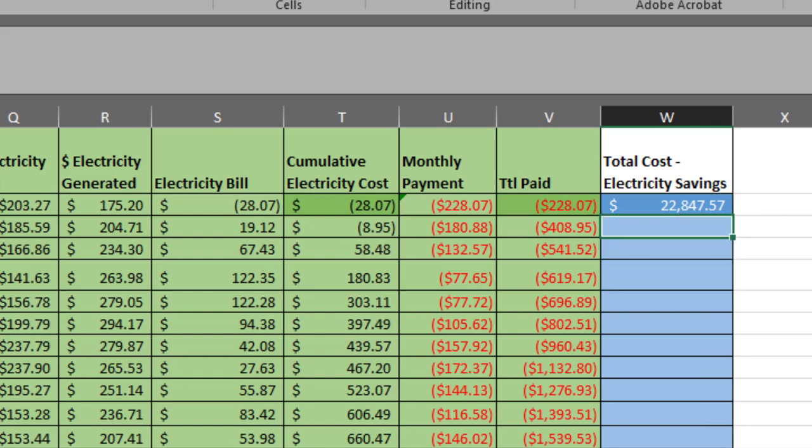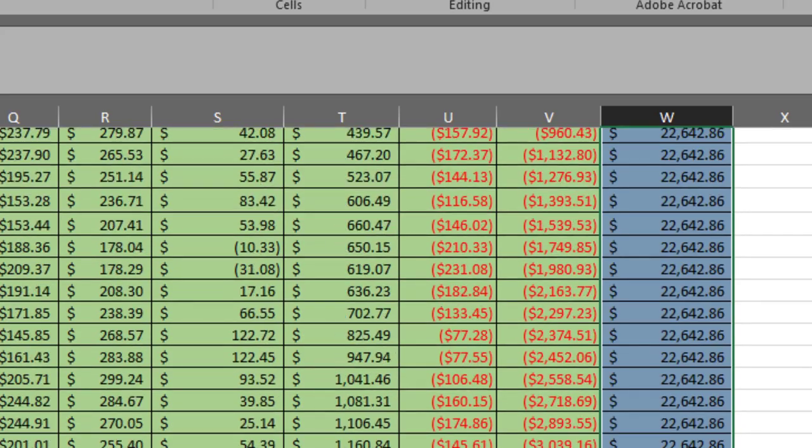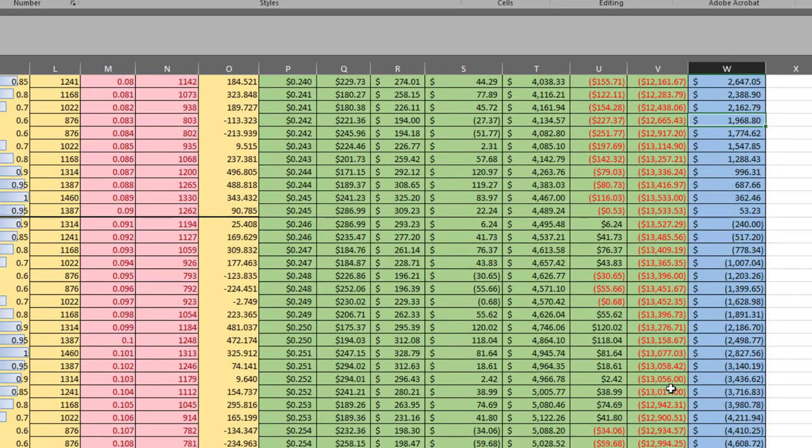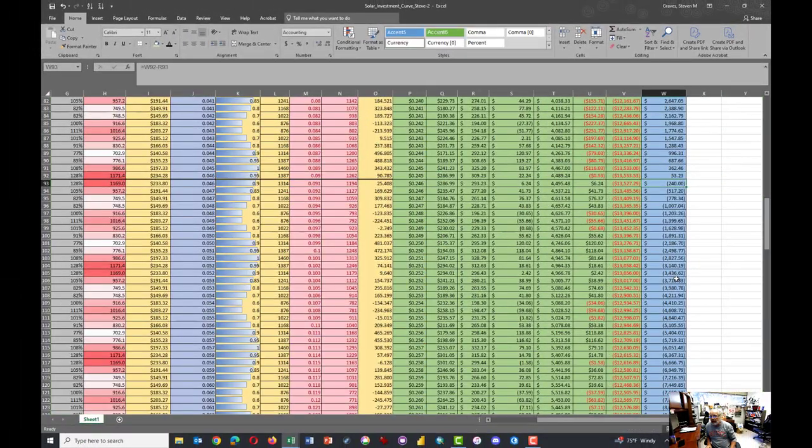Working backwards, we can begin to estimate the break-even point. In the subsequent months, what we want to do is subtract from our initial overall cost how much electricity we generated. From this point on, we can copy that down all the way to the bottom, and we see that this is a positive number until we get somewhere around the 92nd month. I think it's peculiar that it should basically pay for itself around the same time that we stop having our loan payment.